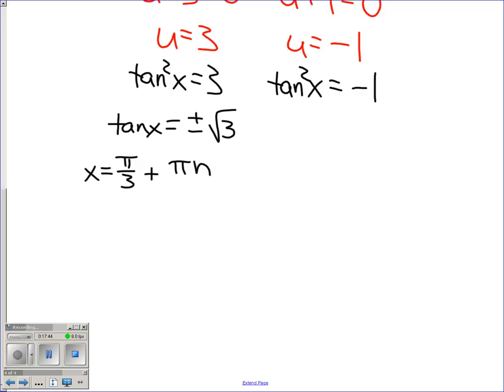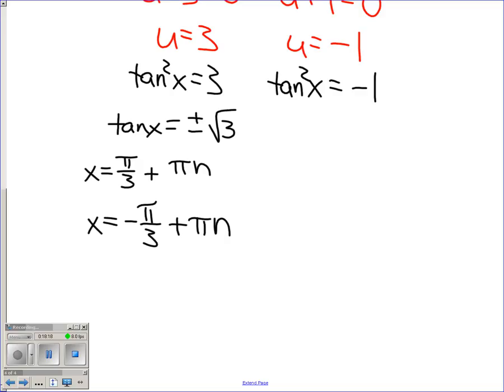We also have x is equal to negative pi over 3, all right? Negative pi over 3. Now, if we wanted to, we could go around and take that as a 5 pi over 3, but we can do it this way as well. And so these are all of our values when we have tangent of x is equal to plus or minus the square root of 3. This will get every one of those places forever.